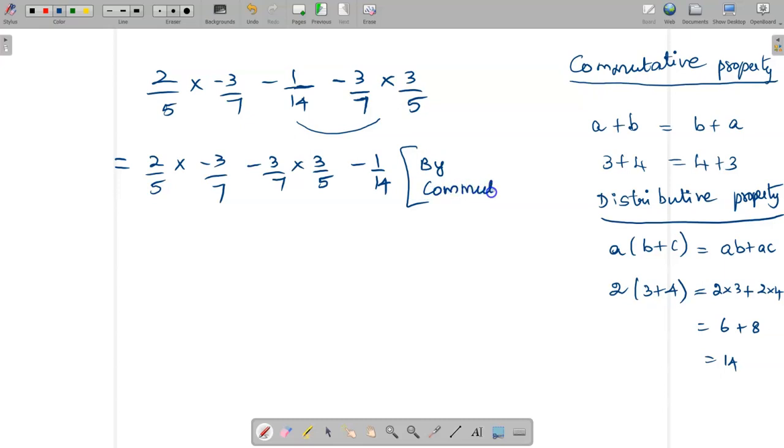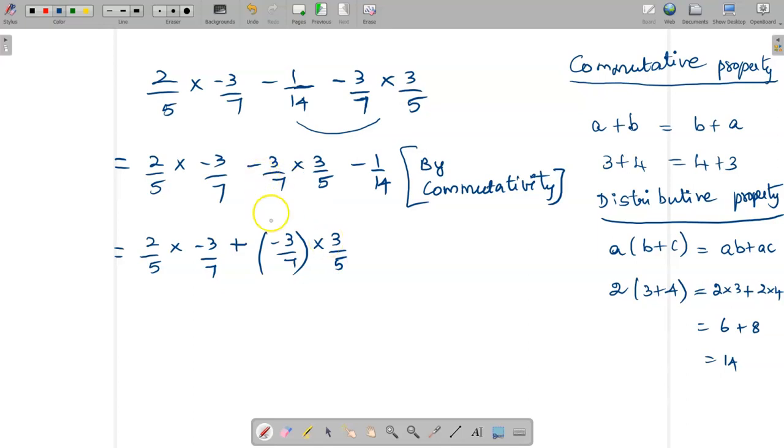By commutativity we can write it like this. After this, again here I have −3/7 and here −3/7, but to write it properly, I can rewrite this middle term, since these two terms are actually an addition, like this, × 3/5.